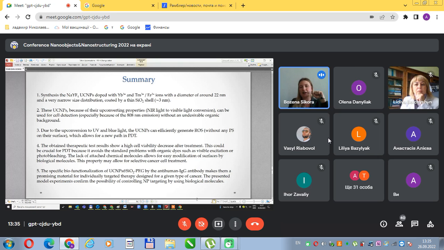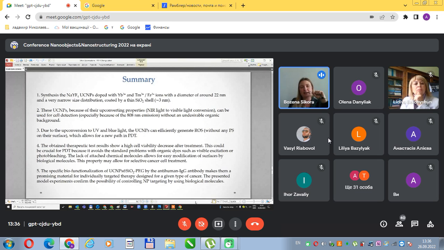This could be crucial for the PDT because it avoids standard problems with organic dyes, such as visible excitation or photobleaching. The lack of attached chemical molecules allows for easy modification of surface by biological molecules, and this property may allow for the selective cancer cells treatment.